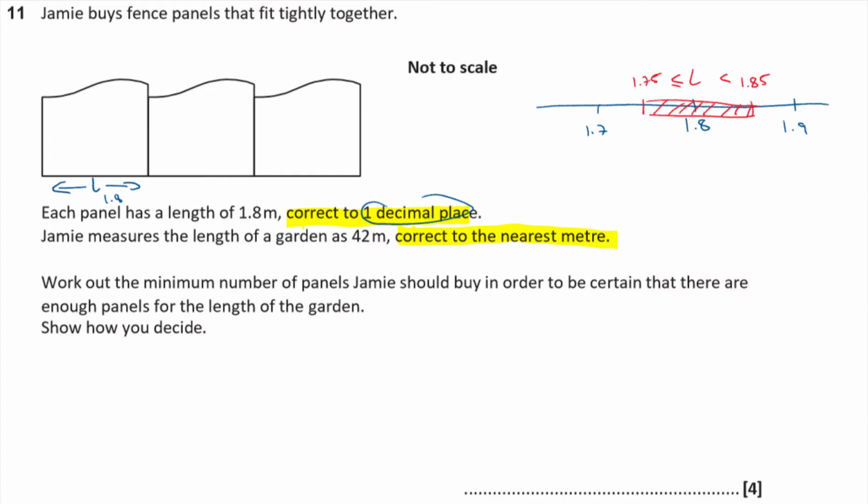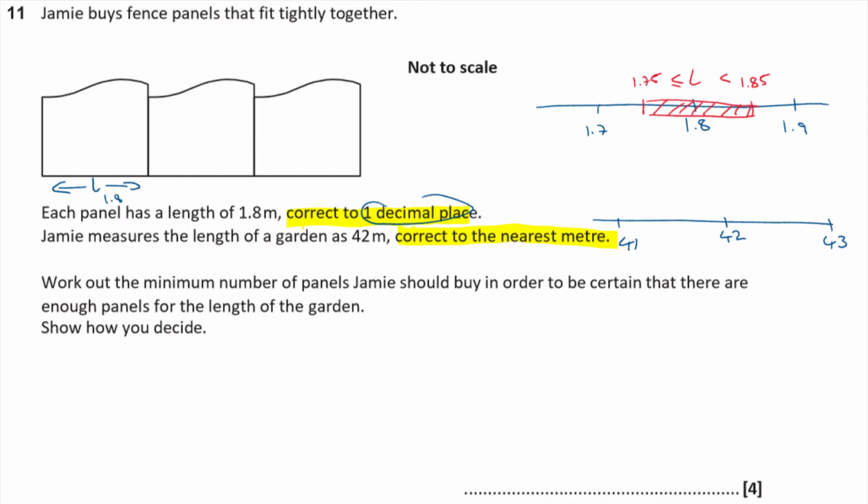Okay. Now if we do the same thing for the length of the garden, let's call that G. So the garden is 42 meters, correct to the nearest meter. If I go 1 meter up, I'd be at 43. If I went 1 meter down, I'd be at 41.